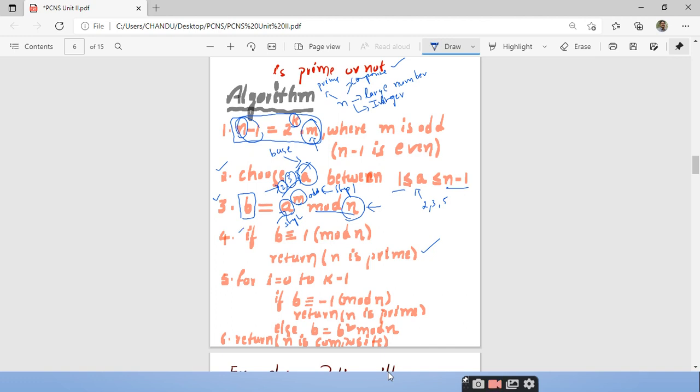Otherwise, you have to enter a loop. The loop starts from i equal to 1, not 0, and runs from i equal to 1 to k minus 1. What is k? Where did I get this k? From step 1; it is the power of 2. So for example, if the power of 2 is 4, how many times do I have to loop?